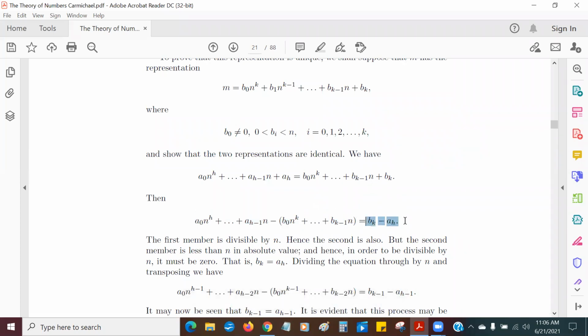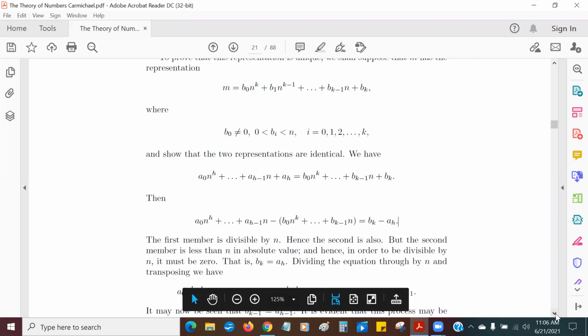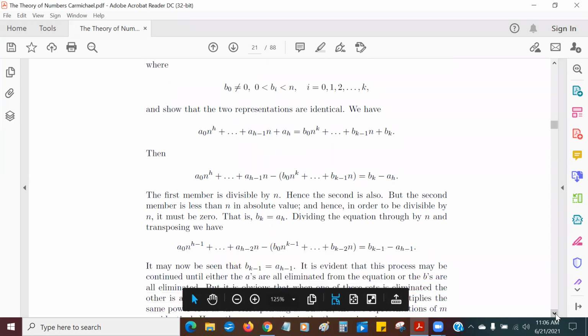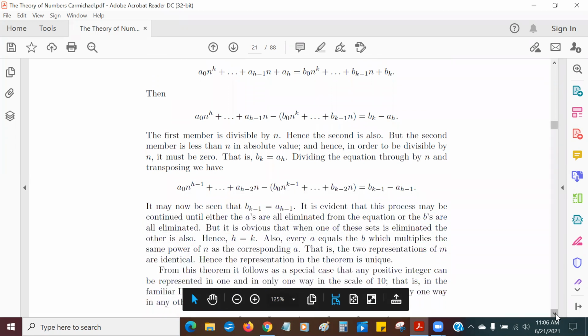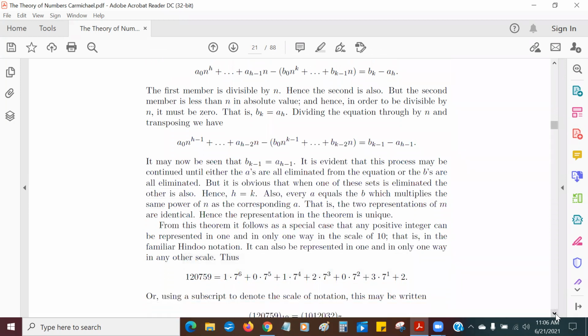On the right side, this also has to be a multiple of n. But since b_k and a_h are both less than n, the only way their difference could be a multiple of n is if the difference is 0, which means b_k equals a_h. Once that equals 0, I continue setting everything equal to each other over and over again, and I wind up with everything being the same. We've had this sort of argument before.